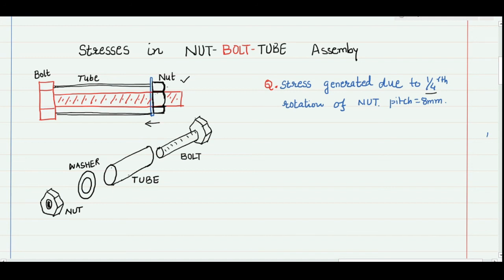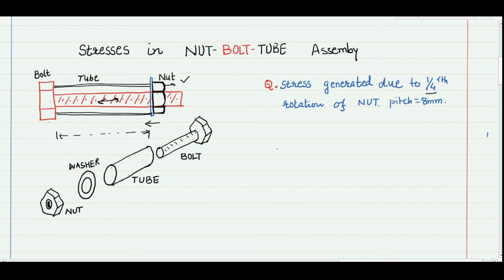So if the nut has a force towards the right direction, ultimately that force is transmitted to the bolt, and the length of the bolt, not the entire length, but the length which is within these two sections, one the bolt end and the other the washer, is going to be subjected to a tensile force. So the bolt will have some extension in length. At the same time, the tube will have some reduction in length.